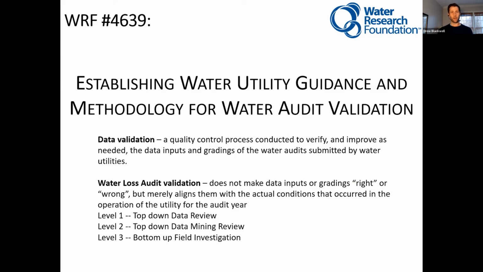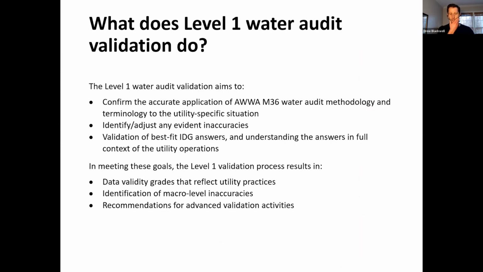Again, that is a process or a practice that you guys are going to be engaged with in the next phase of this program. It's going to be a level 1 validation, looking at your water audit after you put it together. So a couple things. What does a level 1 validation do?